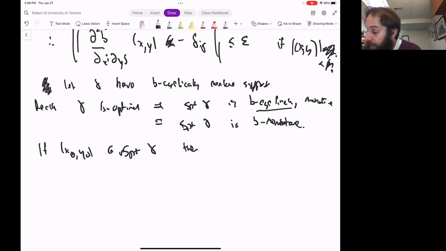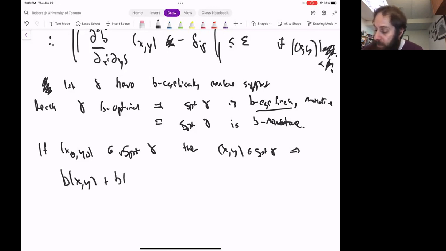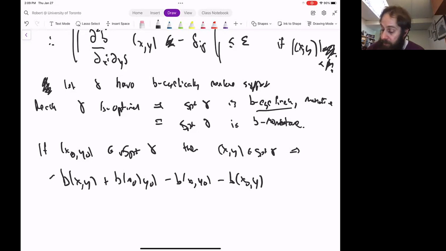Then X, Y in support gamma implies B(X,Y) plus B(X naught, Y naught) minus B(X, Y naught) minus B(X naught, Y) has a sign, is bigger than 0.